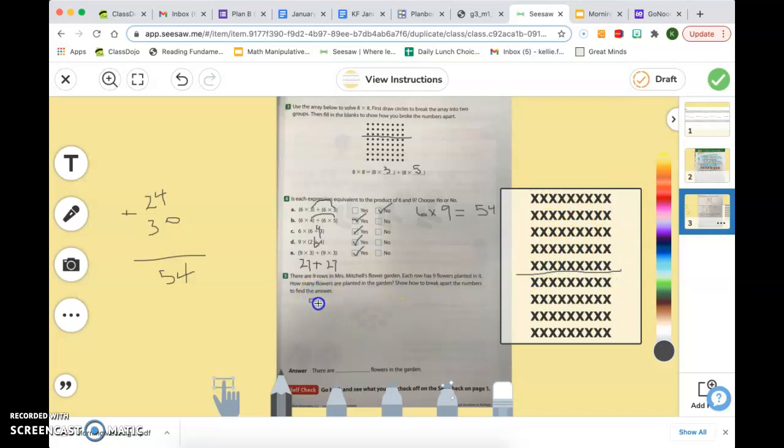And I know 5 times 9 equals 45. And then I'm going to add 1, 2, 3, 4 rows of 9.